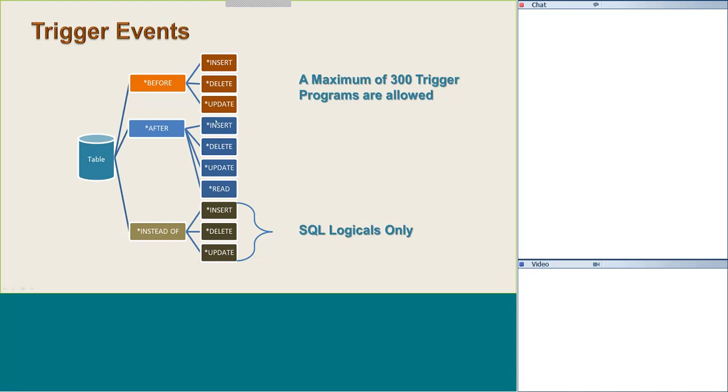Very often in the case of after, you may not need all of them, although if you're collecting audit data, then you will definitely need a program that is attached to insert, delete, and update in order to collect audit records for the activity on the table.